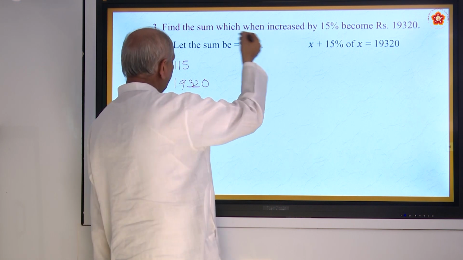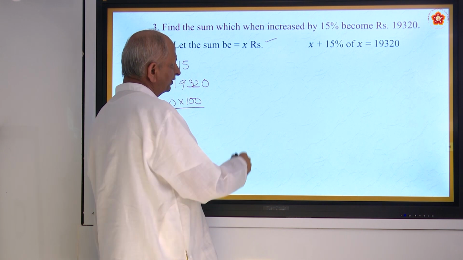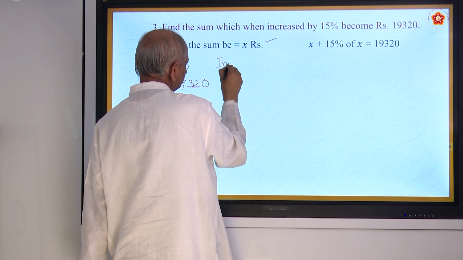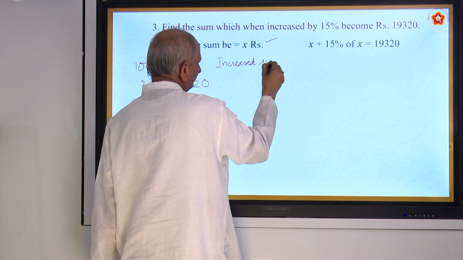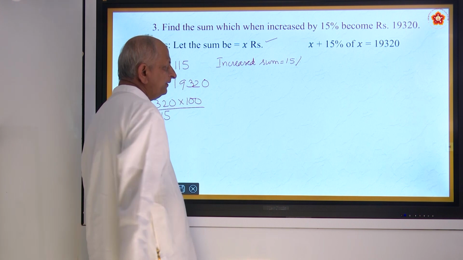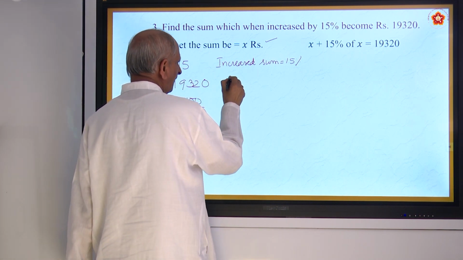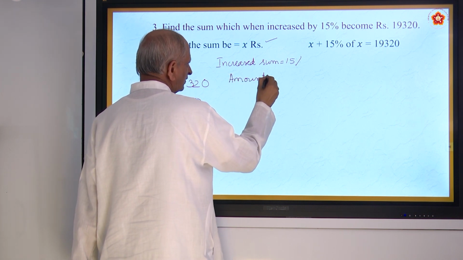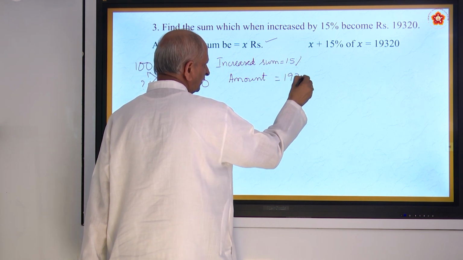And if you try it this way, let the sum of money be x rupees. So x increased by 15%. For 100 rupees, 15 increased. So what is the amount you must get? 19,320 rupees.